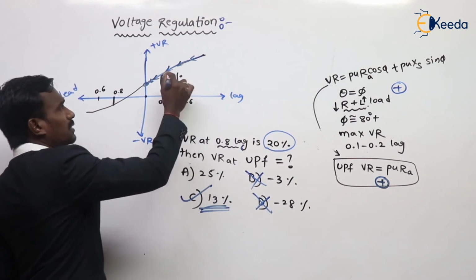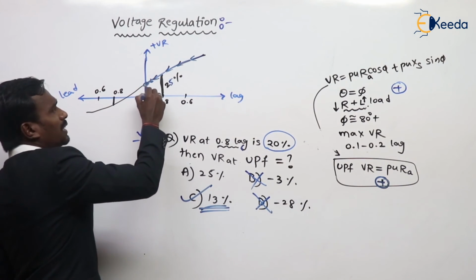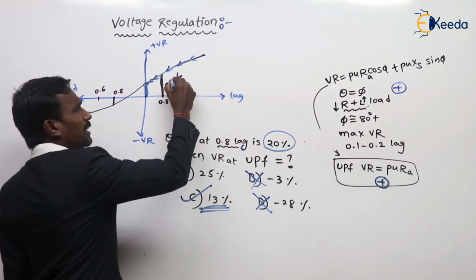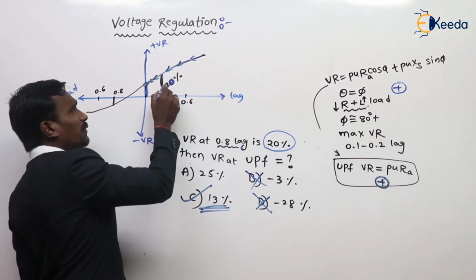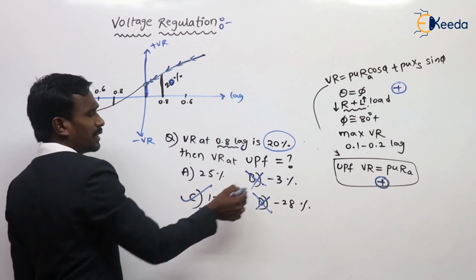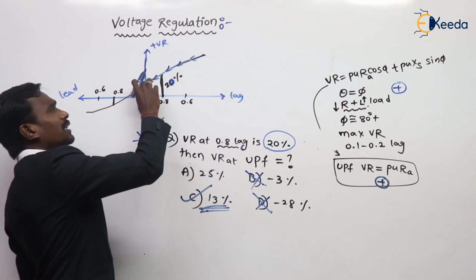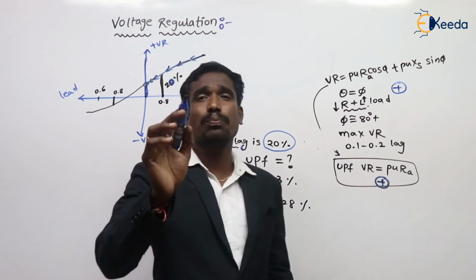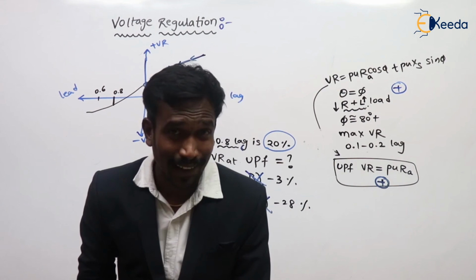They gave 20% at lagging. Is 25 greater than 20 or less than 20? Less than 20 are minus 3 and 13. Minus 3 is wrong because voltage regulation at unity power factor is positive. So the answer is 13%. Like that you have to make the answer.